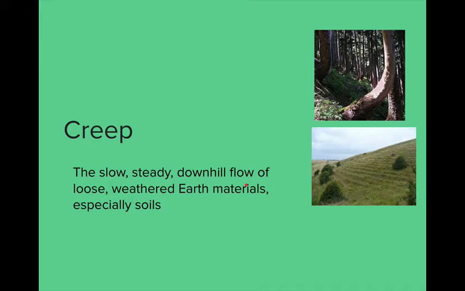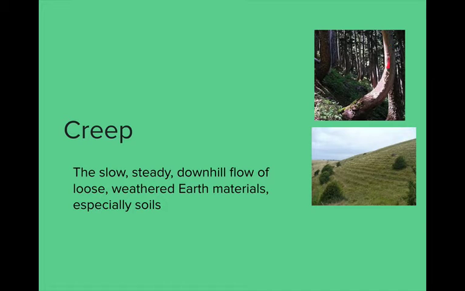Now, one of the ways that does this is creep. Creep is the slow, steady downhill flow of loose, weathered earth materials, especially soil. So in this picture, this is a tree that when it started growing would have been growing straight up and down. That's the way trees grow.